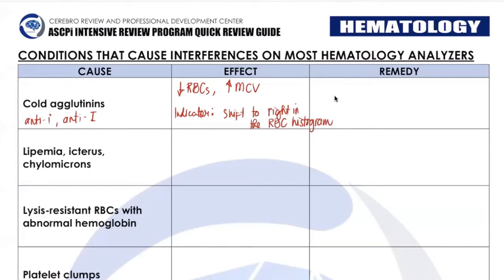So that is our indicator for the presence of cold agglutinins. Okay, so now what would be our remedy? We are to warm the specimen in order to inactivate the cold agglutinins, and we rerun the sample. Warm the specimen and rerun the sample.